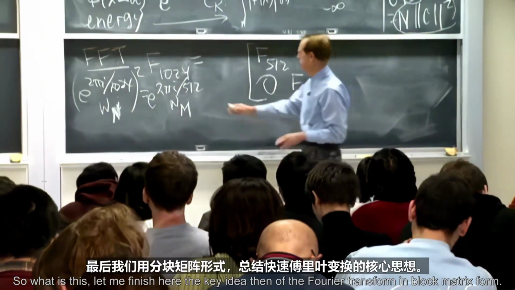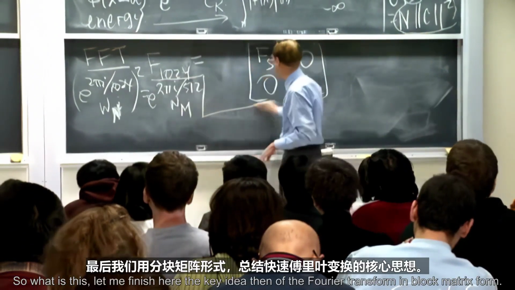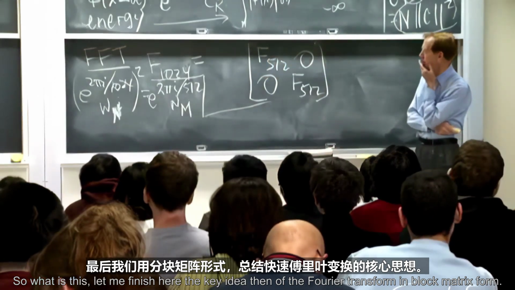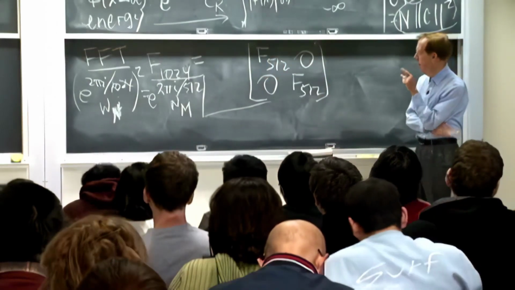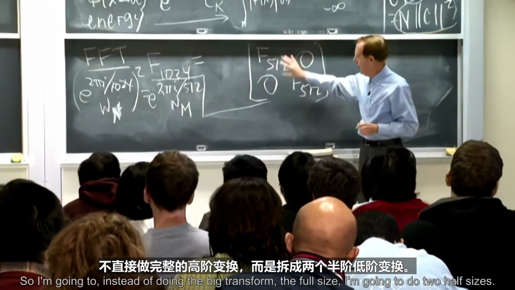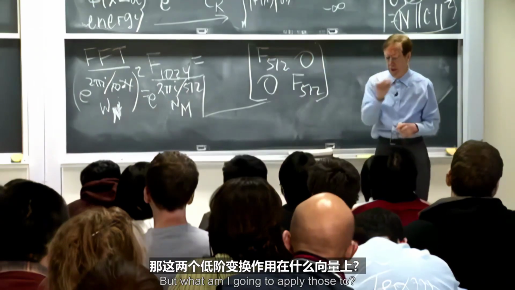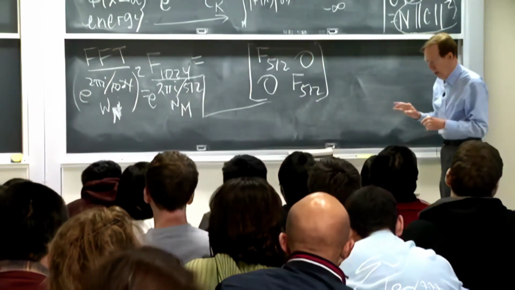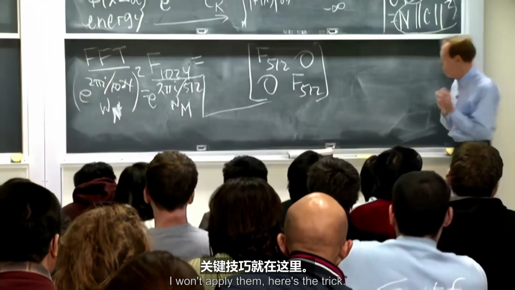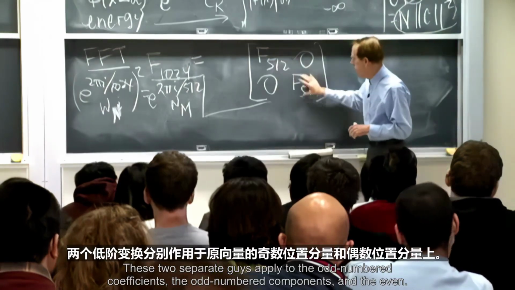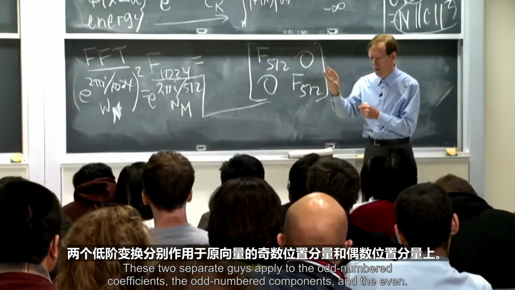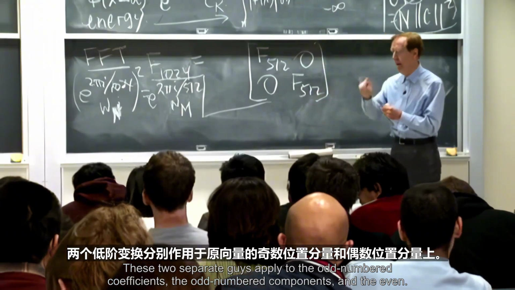So let me finish here the key idea then of the Fourier transform in block matrix form. What's the key idea? Instead of doing the big transform, the full size, I'm going to do 2 half sizes. But what am I going to apply those to? Here's the trick. These 2 separate guys apply to the odd-numbered components and the even.